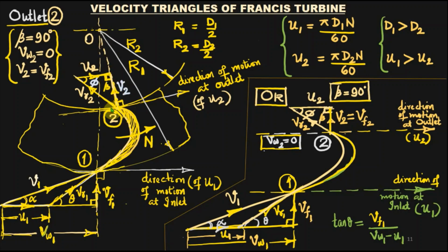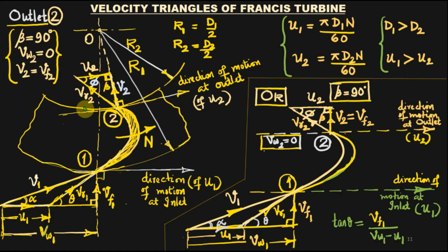So flow is radial at outlet, so that means this V2 must be along the radius. That is the key point in the construction of the outlet velocity triangle. Remember, 2 is the outlet, and this is the direction of the tangent to the blade surface at outlet, along which your VR2 will proceed.